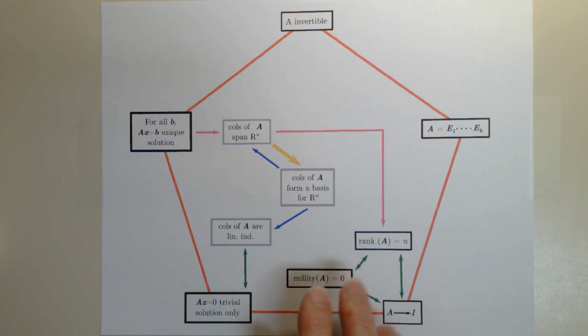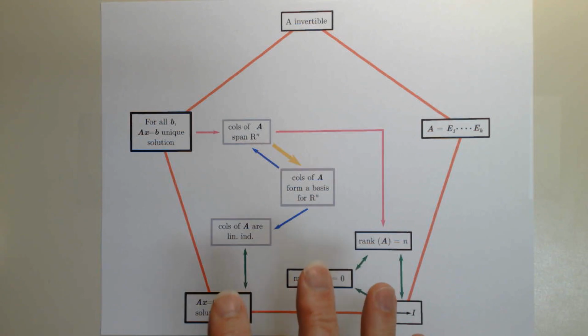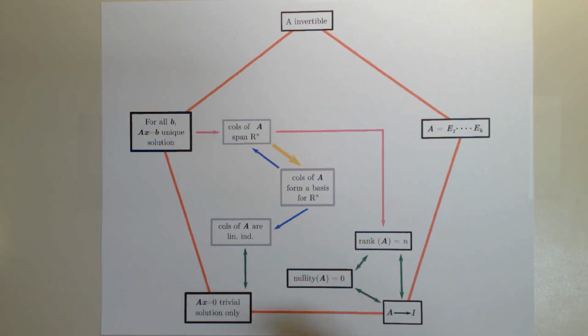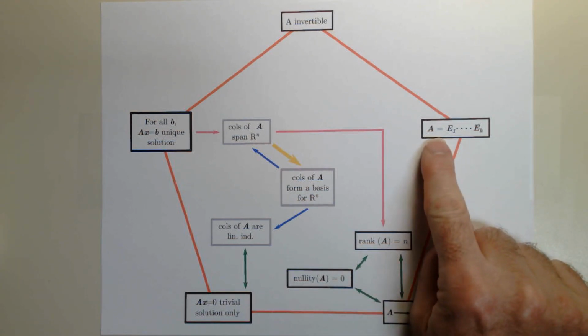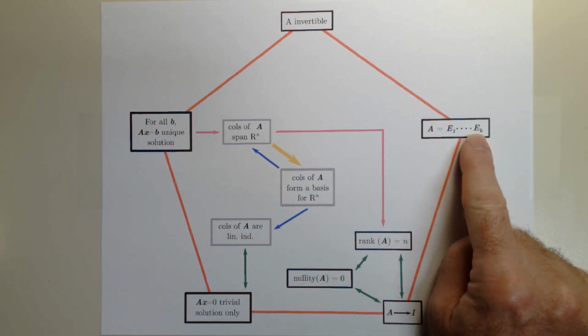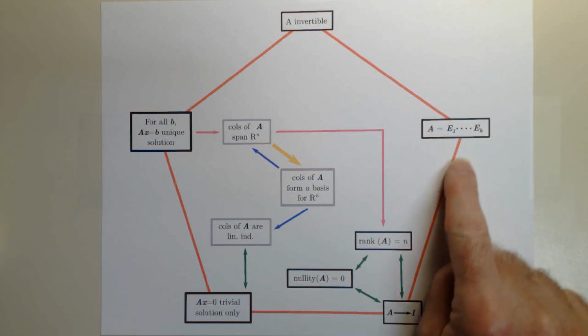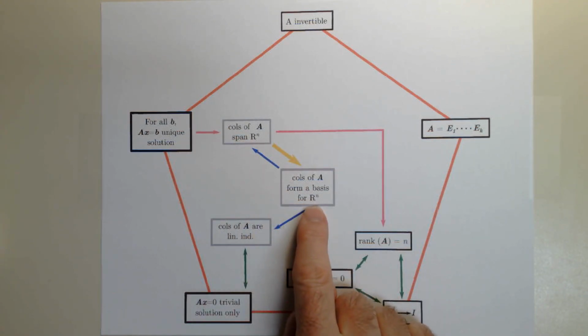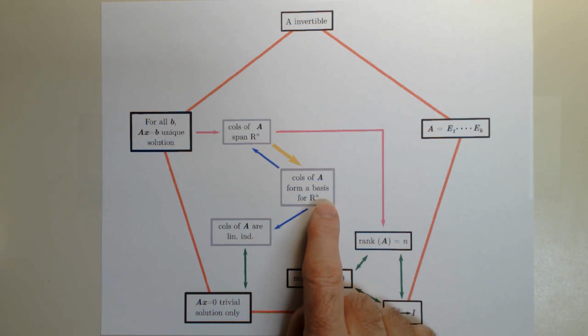I will show you how we can link these statements together using these arrows to indicate implication. So once we've established these implication arrows, then the theorem will follow. For example, if we know that A can be expressed as a product of elementary matrices, then we can follow our diagram and come to the conclusion that the columns of A form a basis for Rn.